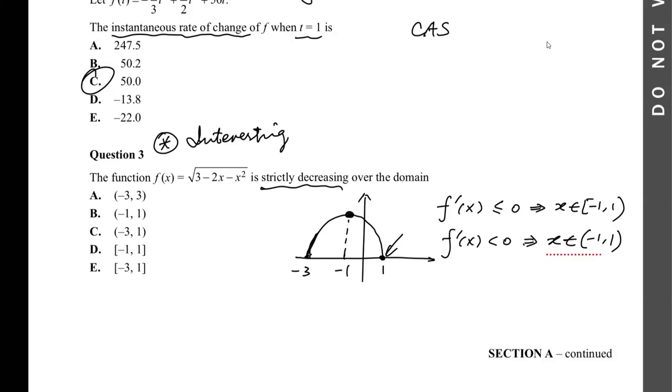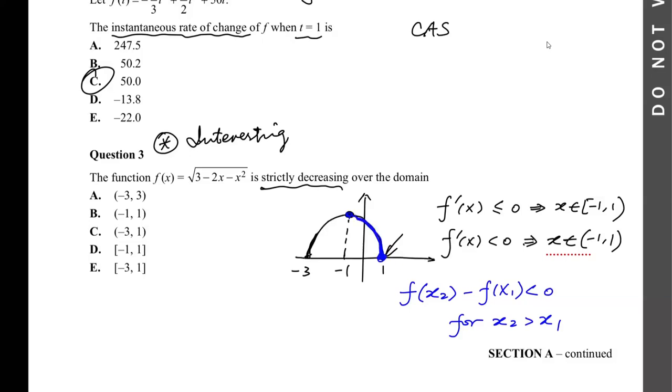But if we think about the definition, f(x2) minus f(x1) is less than 0 for x2 greater than x1, then we could also say over this interval, any x1 and x2 will satisfy.